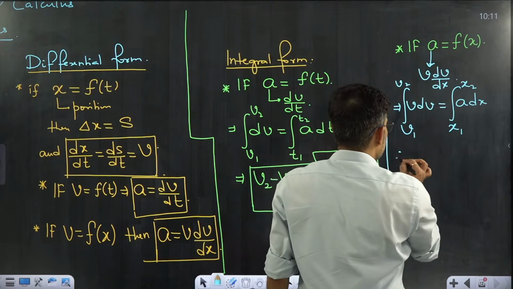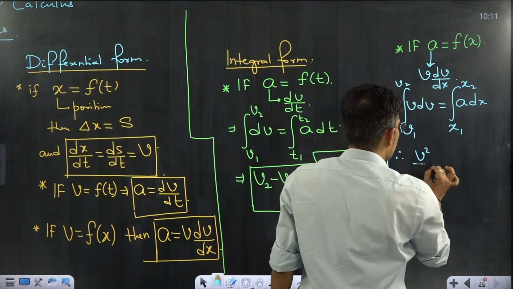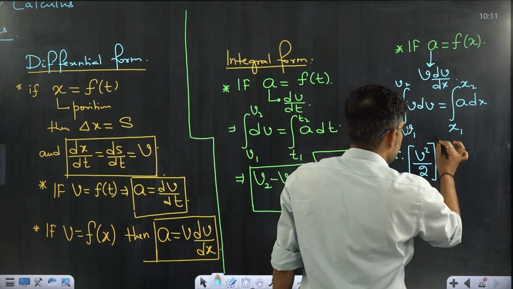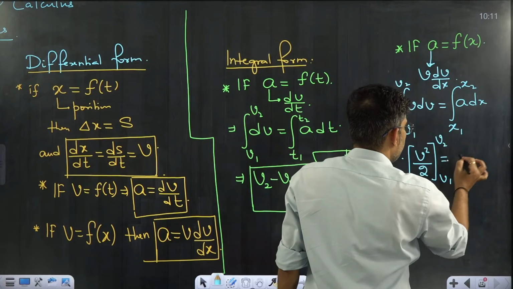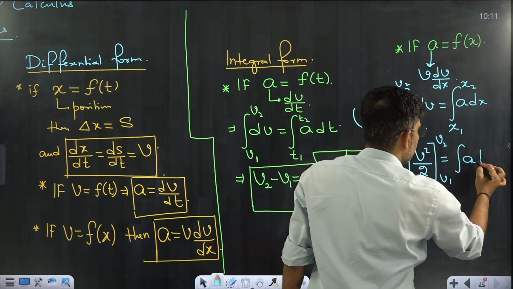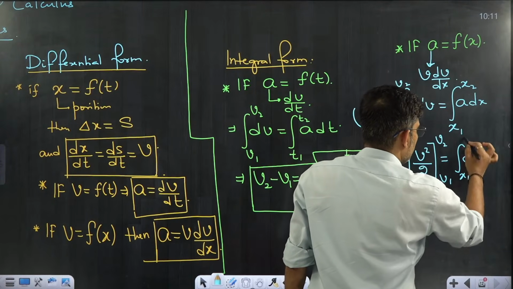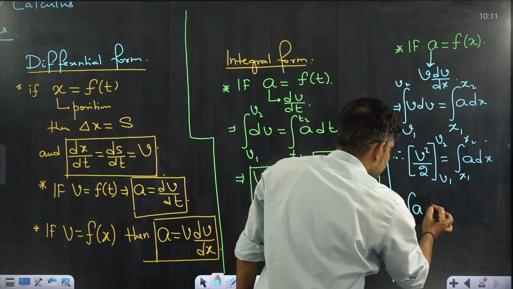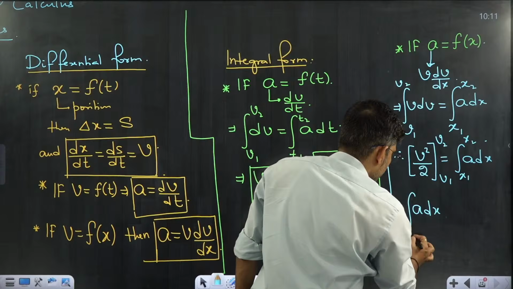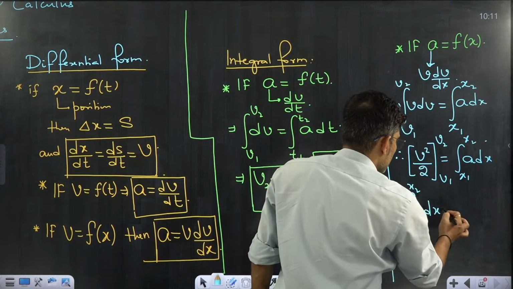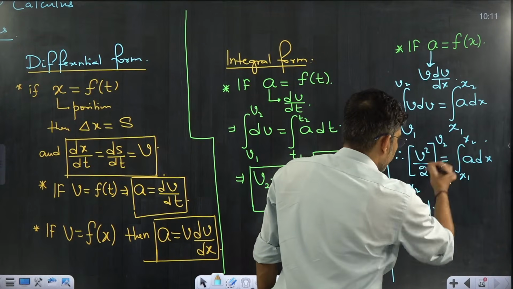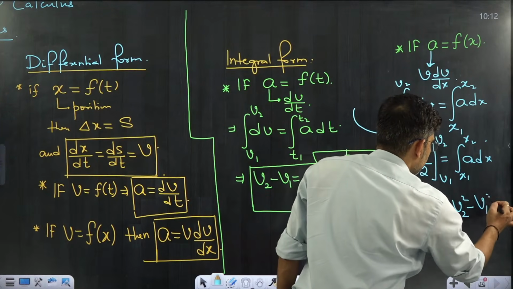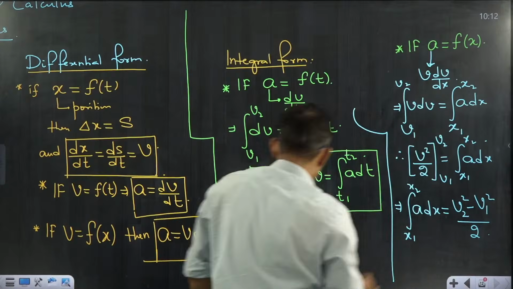So what will you get here? By integration you will get v square by 2. Now you have limits over here, v1 and v2. This side I will keep as it is, x1 to x2. So finally we can write that when you integrate acceleration with respect to x from x1 to x2, you get nothing but final velocity square minus initial velocity square, divided by 2.